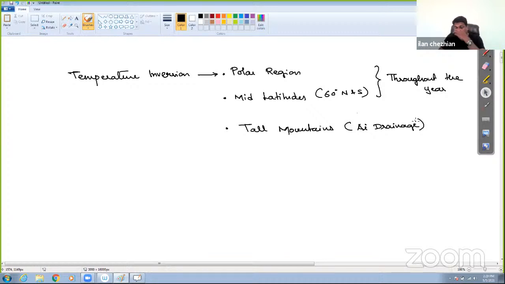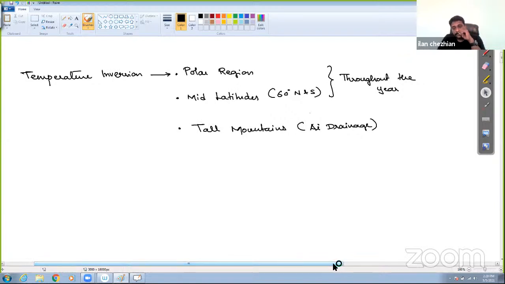Air drainage facilitates temperature inversion along the slopes of the mountain during morning time.